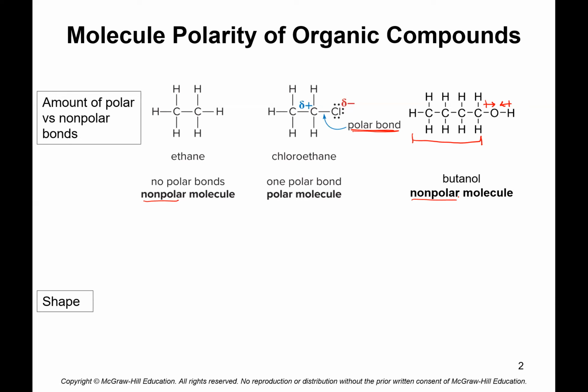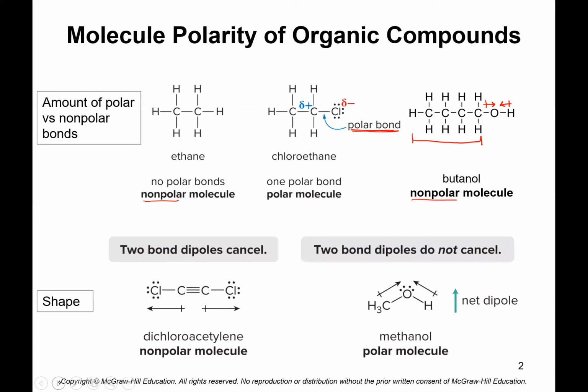All right, so we have to consider how many polar bonds versus nonpolar bonds to classify a molecule as polar or nonpolar. But we also need to consider the shape. So here I have an example, the dichloroacetylene, where you have a lot of polar bonds, right? Most of your molecule is polar bonds. This carbon-chlorine bond here is polar, and so is the other one. Both of these are polar. The only nonpolar bond we have is this carbon-carbon triple bond here. Okay.